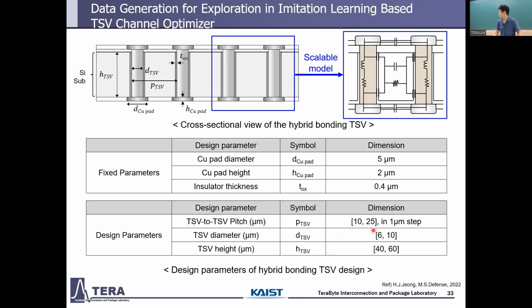For pitch, we have 16 values, as I previously mentioned, from 10 to 25 microns in 1 micron steps. For diameter, I have 6, and height is from 40 to 60.